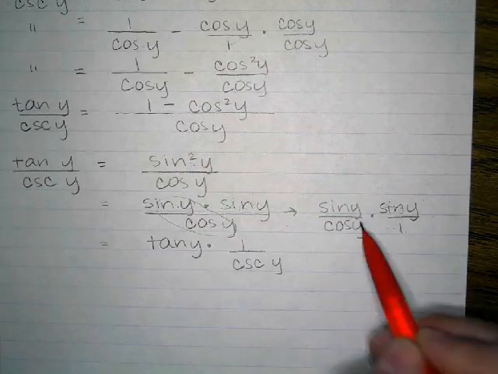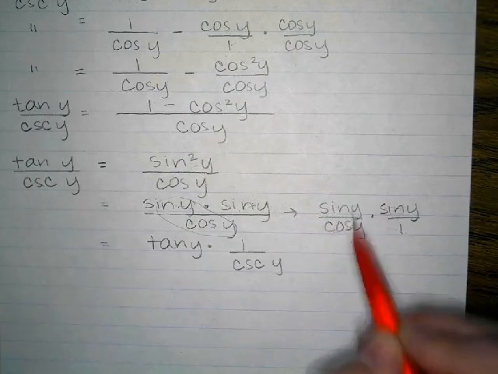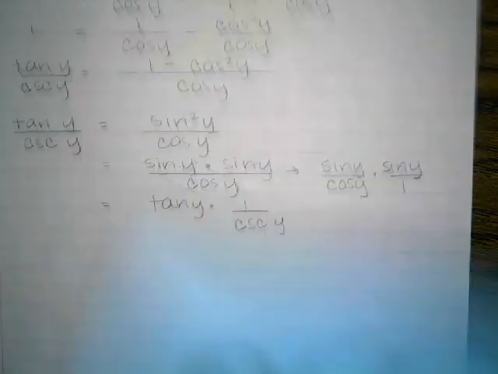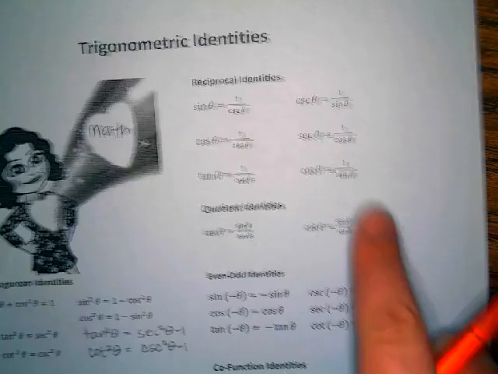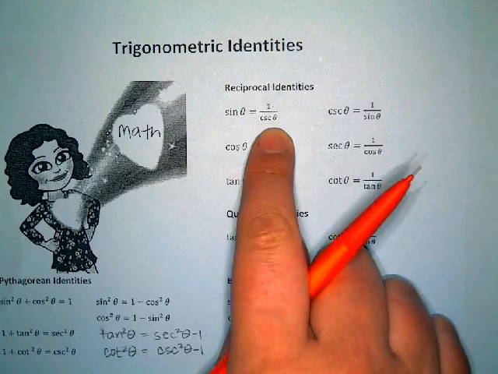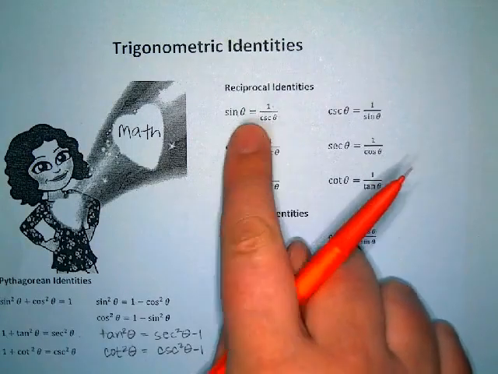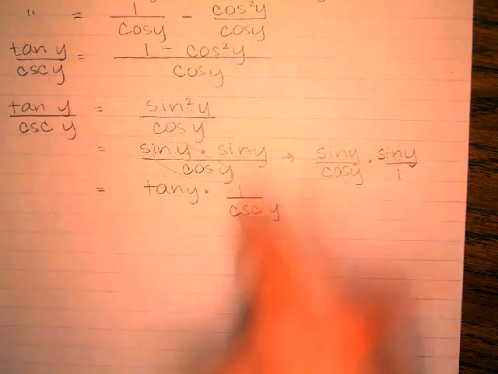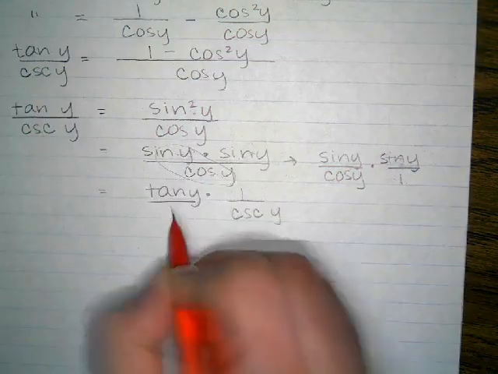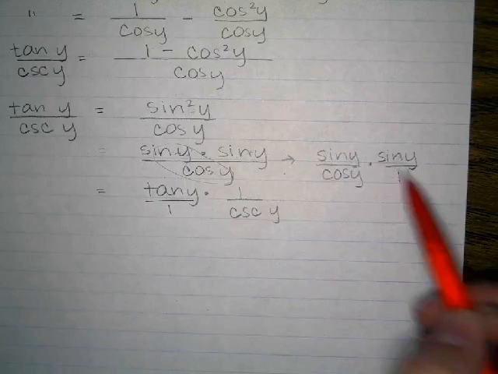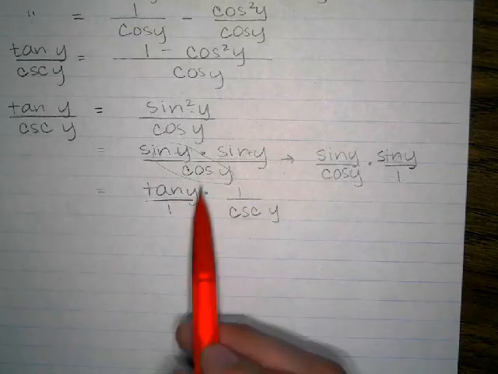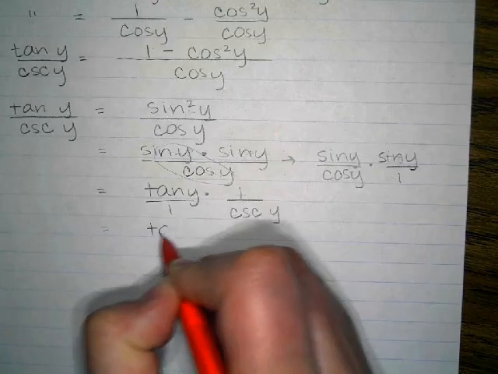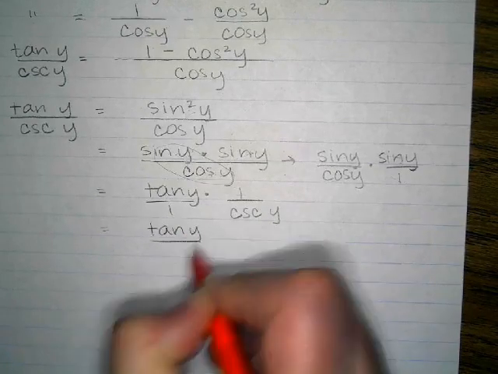Think of the first one as tangent. Think of the second one as 1 over cosecant. And so for the second one, we're saying that sine is 1 over cosecant. So once I say the first one is tangent and the second one is 1 over cosecant, now I can just multiply straight across, and I've got tangent on the top and cosecant on the bottom.